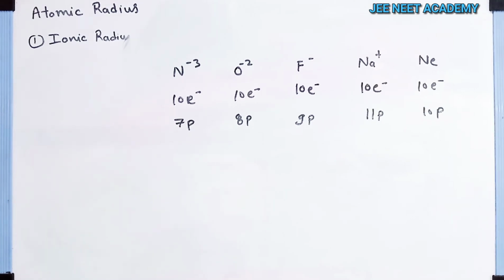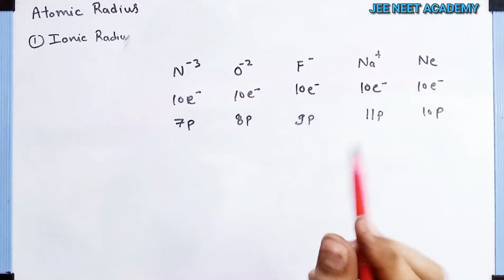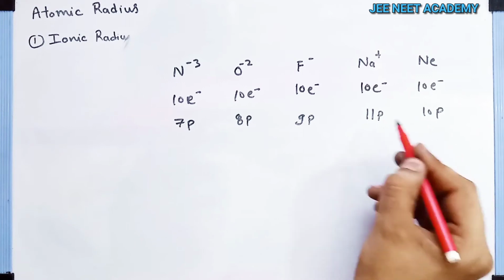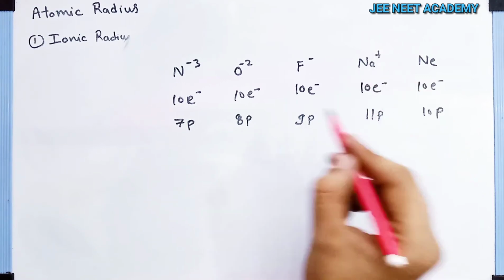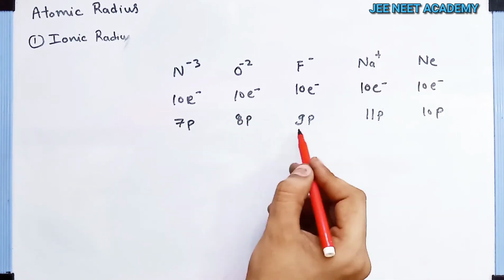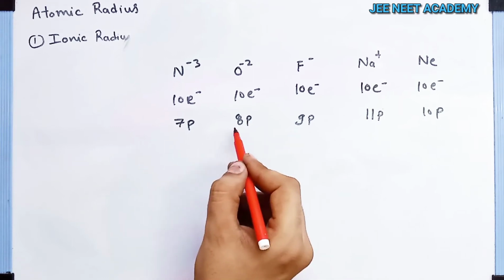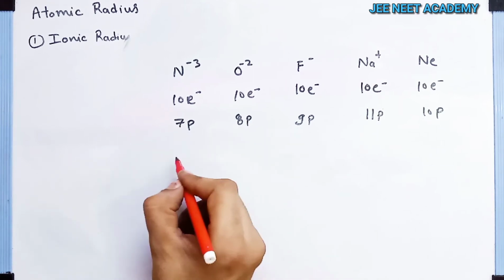Here the size order will be, where more protons are present, the size will be less because the number of electrons is the same. So more protons are present in Na plus, then neon, then fluorine minus, then oxygen minus 2, then nitrogen minus 3.